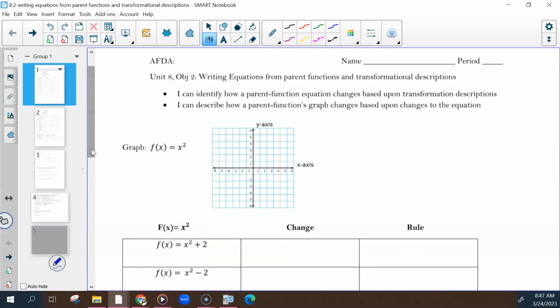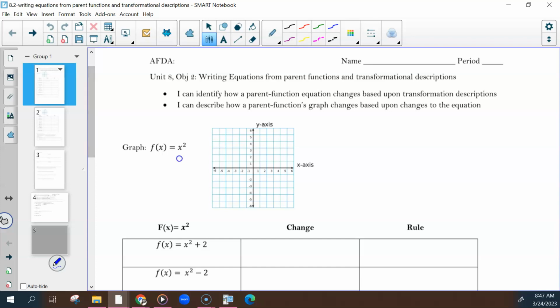Alright, so today we're going to be talking about parent functions, what that means, and then transformations, how they're described, what they look like, all those types of things. So the very first thing we're going to do is graph this function. It should look familiar to you because we just graphed that a bunch of times.